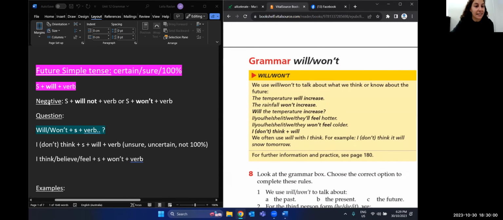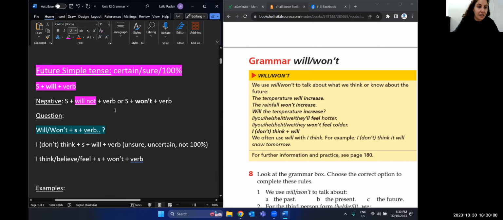To make it a negative, I add not. Or I can add won't. So you've got two options. You can add will not or won't. They're the same.